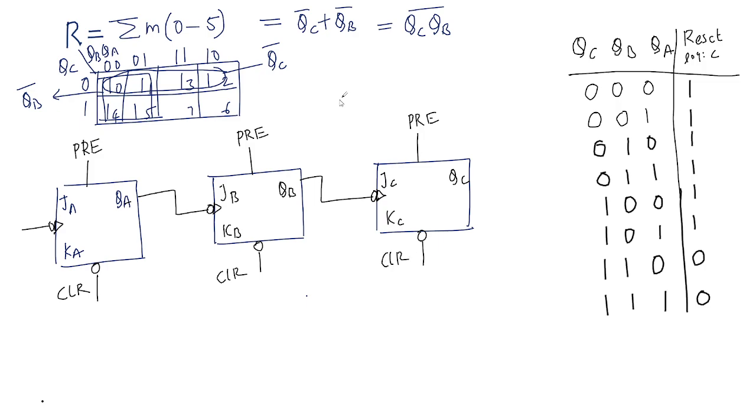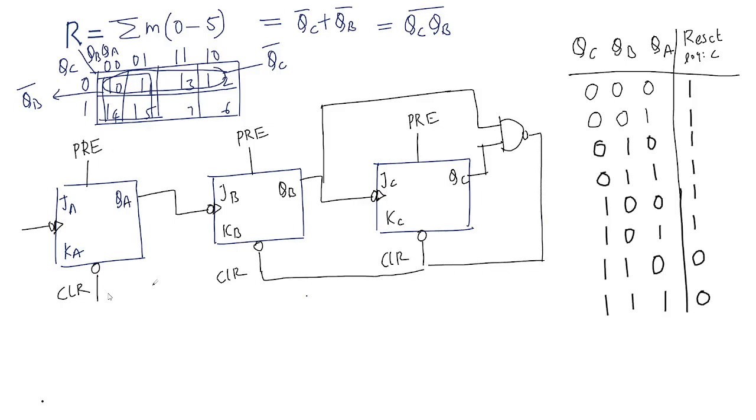So QB and QC are connected to a NAND gate, and this is given to the clear signals. Okay. So we'll test the cases.